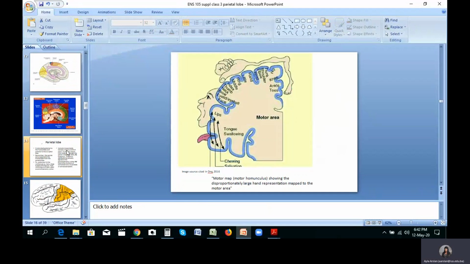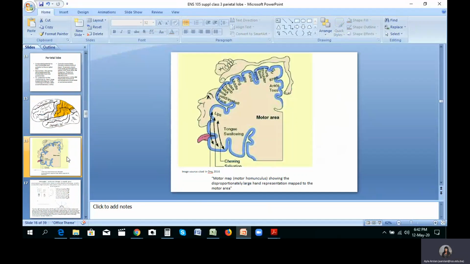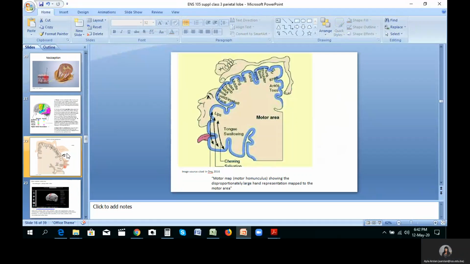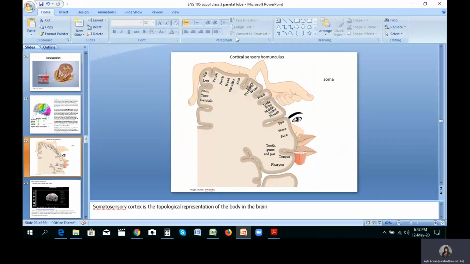This is the somatosensory homunculus. Every part of the body through the skin has a representation here in a very specific way, and that functions contralaterally. All right, so that's called the cortical sensory homunculus.